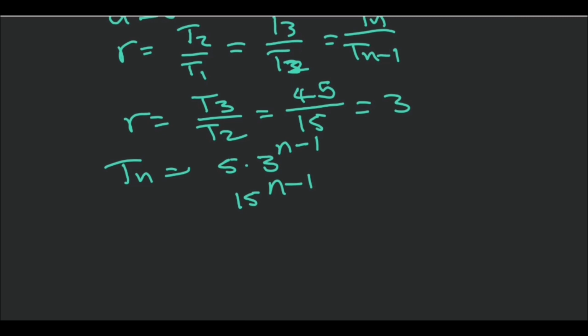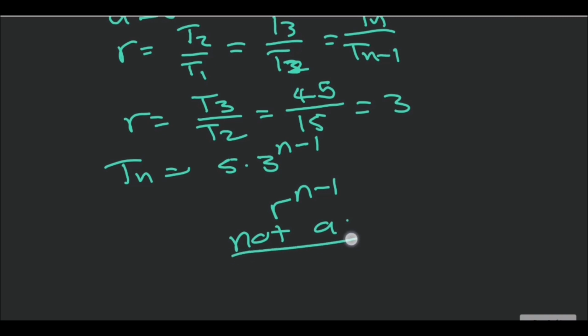It's incorrect because this n minus 1 is a power of the constant ratio and not of A. Please do not multiply out those two, all right?